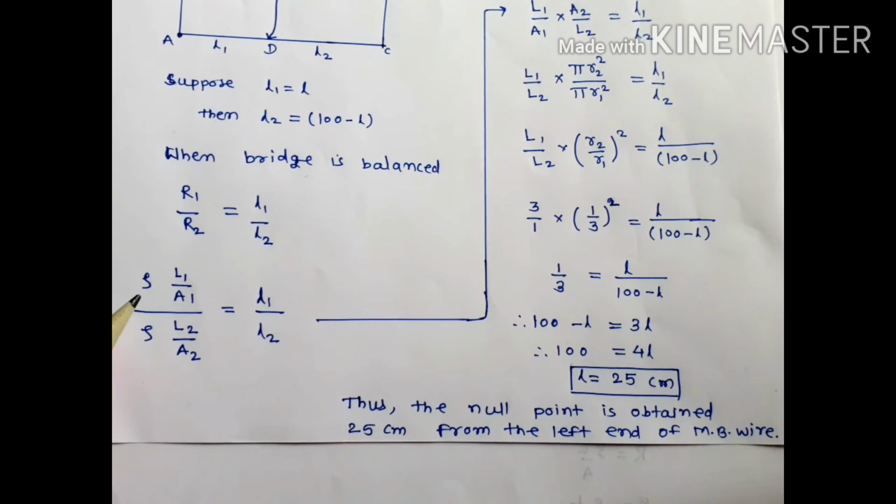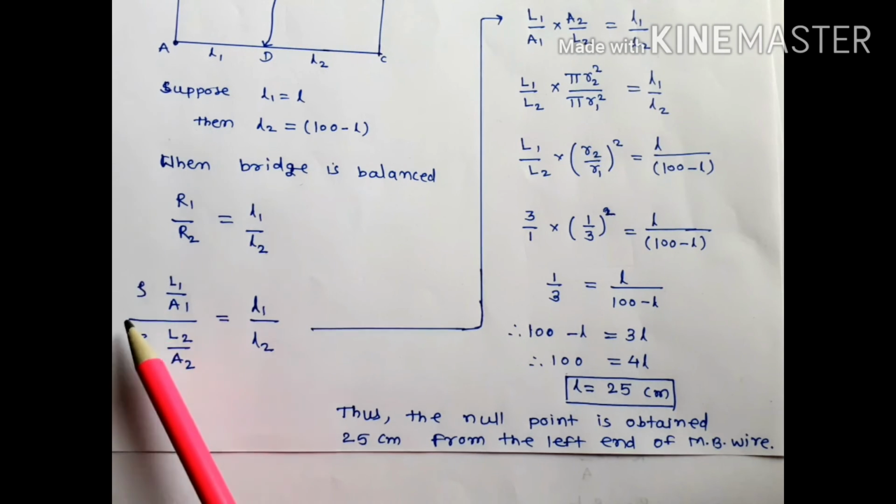In this formula there is no rho 1, no rho 2, because both the resistors are prepared from the same material. When the materials of the resistors are same, specific resistances are same, because specific resistance depends only on material. By expressing the resistances in terms of specific resistances, rho cancelled.